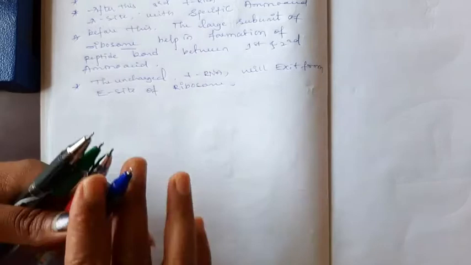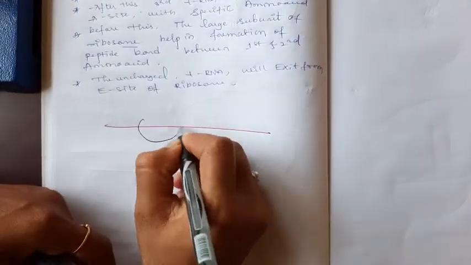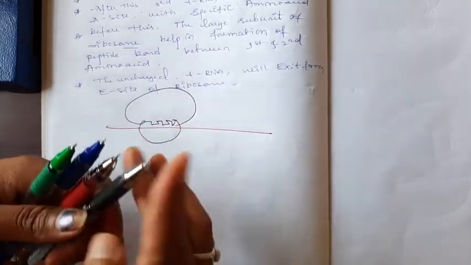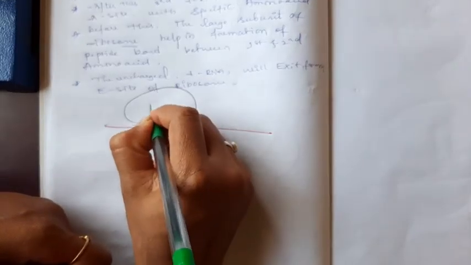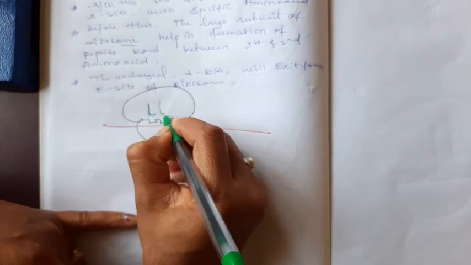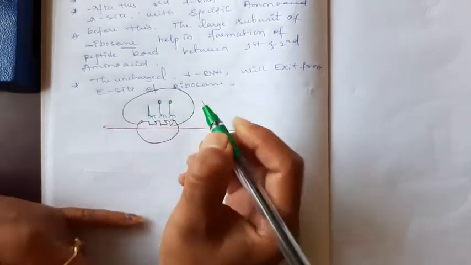Okay, here I will draw. This is the small subunit, large one. Consider this is the uncharged tRNA without any amino acid. This is the second tRNA. This one is the third tRNA.